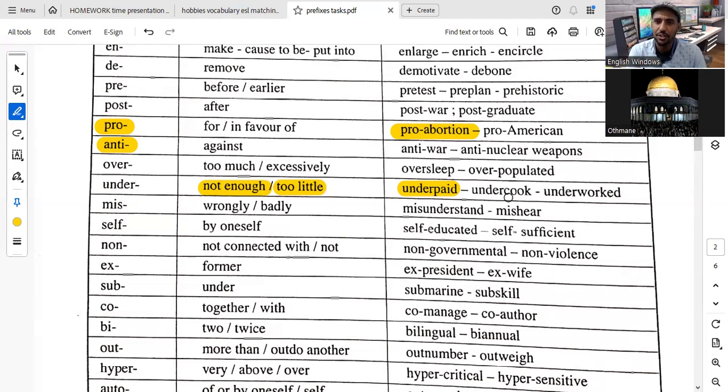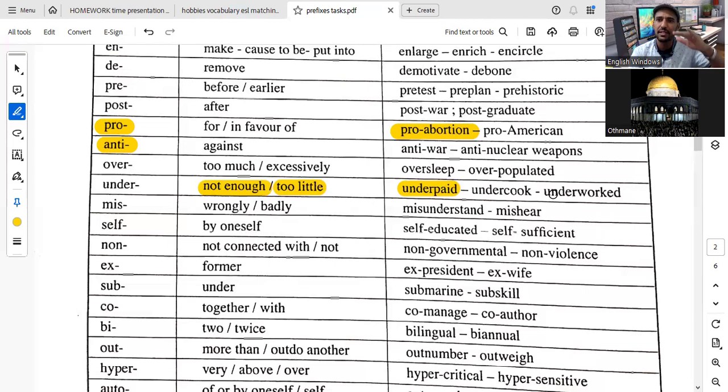Undercook, right? I couldn't eat yesterday's meat because it was undercooked. It means it wasn't cooked well enough.